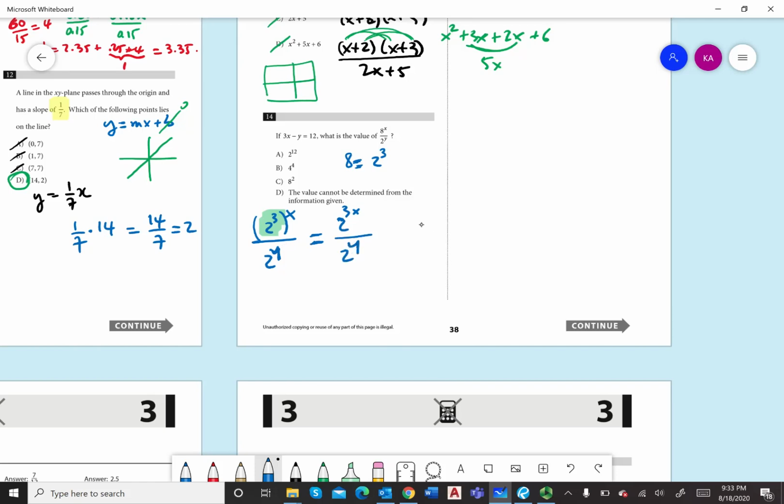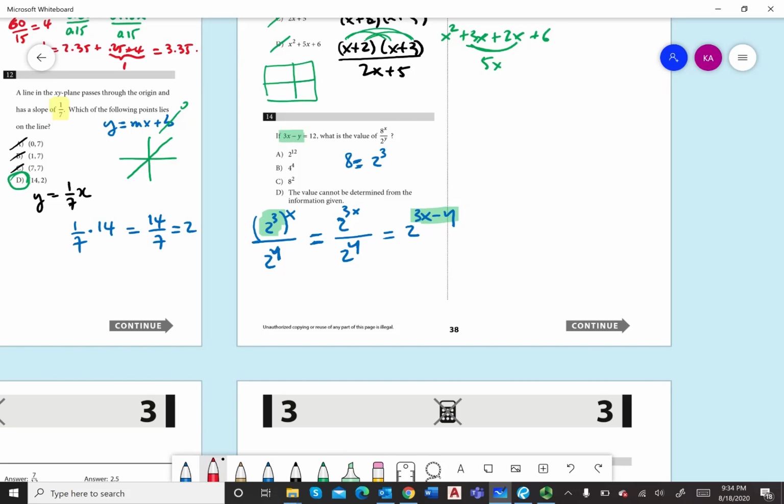Now the second rule is that if you have 3 to the a power, for example, over 3 to the b power, then you subtract the exponents, right? So you have the same base, you have a fraction, so you can subtract the exponents. So here I can subtract the exponents. So the answer is 2 to the 3x minus y.